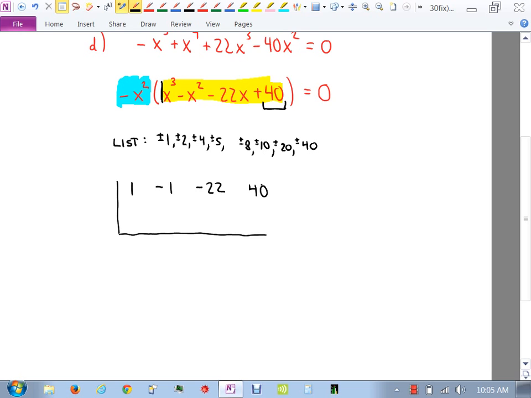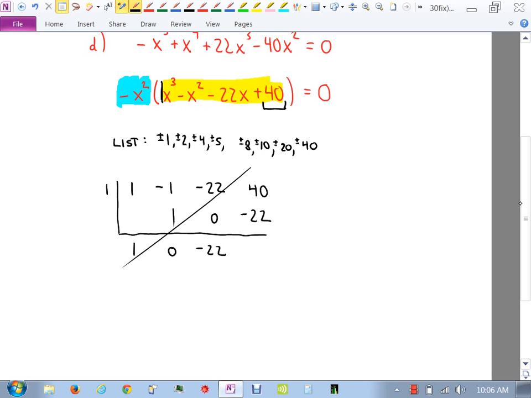And then I said, as long as you start at the beginning of your list, smallest to largest, it'll happen within the first 4 or 5 tries. So I don't remember what I used to make this, so I'm just going to start at 1, and I'm just going to write these down real quick. 1, 1, 0, 0, negative 22, negative 22.